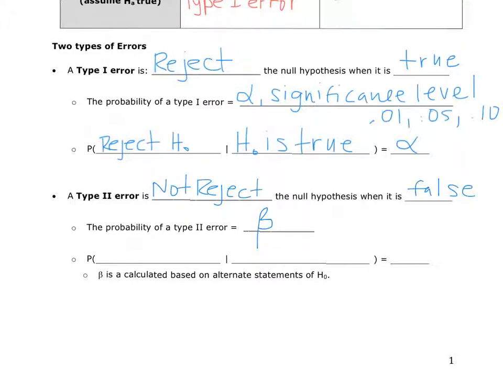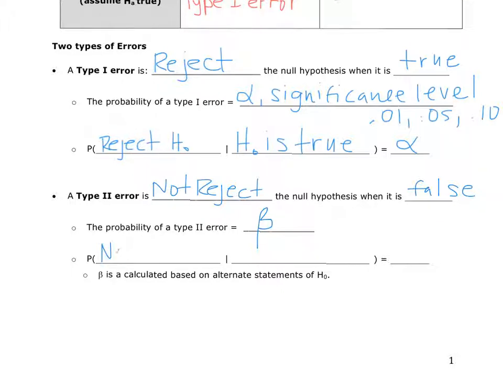It's something that we do have to calculate. It's not like alpha where we choose it. And so we're going to refer to it as this probability, but we're not actually going to be looking at values of it.